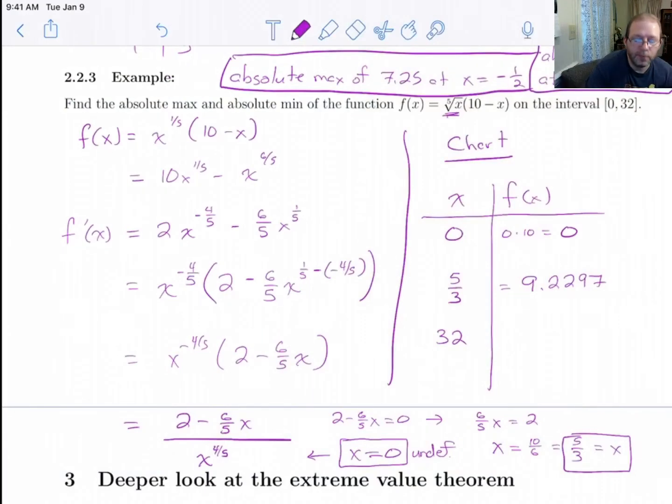When you plug that in, the fifth root of 32 is 2, and then 10 minus 32 is negative 22. So this is going to be negative 44. So this is my absolute max, and this is my absolute min.